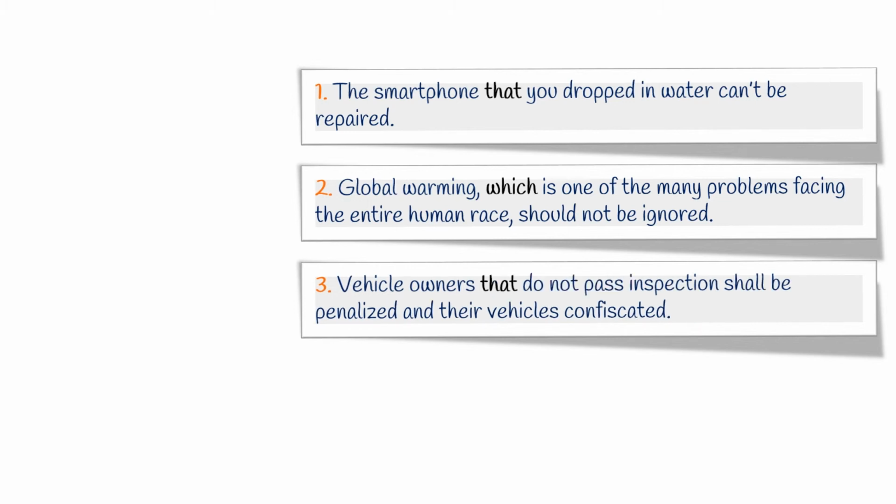Because if we leave the relative clause out, I don't know which owners I am talking about. Okay? I'm only talking about those owners that do not go through the inspection procedure. Not all the vehicle owners. Yeah? So here we have that and not which.